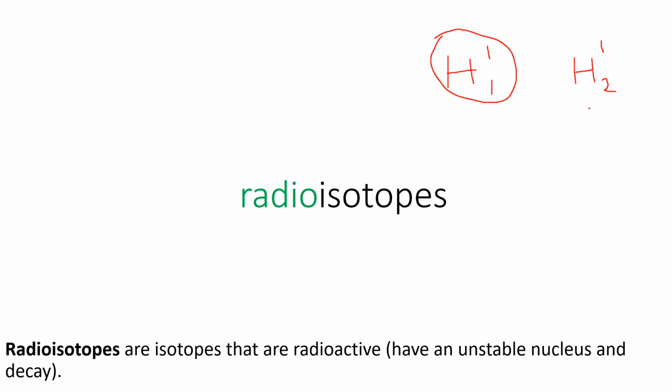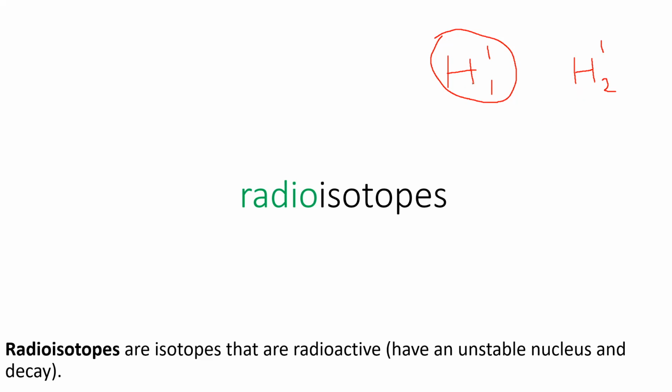Well, radioactive means that it has an unstable nucleus and it goes through radioactive decay. Okay, so it has an unstable nucleus and goes through radioactive decay. So what that means is that one of these isotopes, right? Not particularly with hydrogen, but we'll go through some examples later in this slideshow. But if one of them was a radioisotope, it would mean that it is undergoing radioactivity.